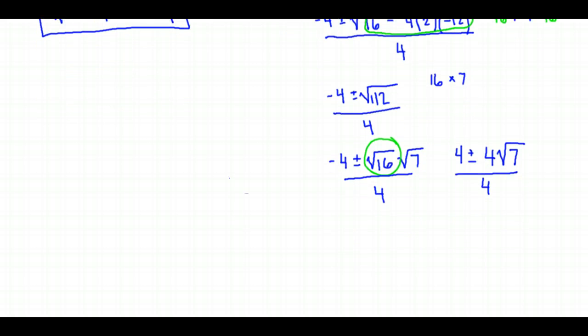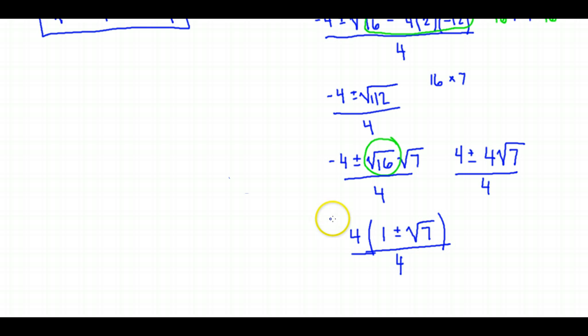Let me get some more room. If I factor out a 4 in each term, it's kind of like the reverse distributive property, I have 4 times 1 plus or minus the square root of 7, all of it all over 4.